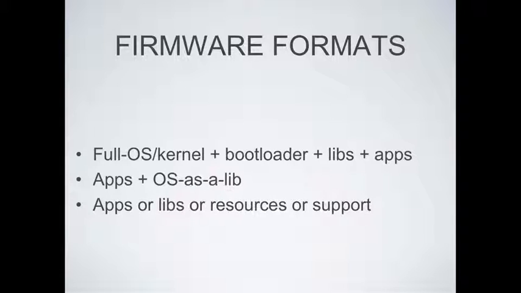And the very last one is a partial implementation where you only have applications or libs or resources or some sort of support files, and you're just getting updates for the files you're concerned with. So if people are doing one-offs between products, where one product gets one feature set and the next gets another, it may be this partial update where you're sending only updates for certain types of features.